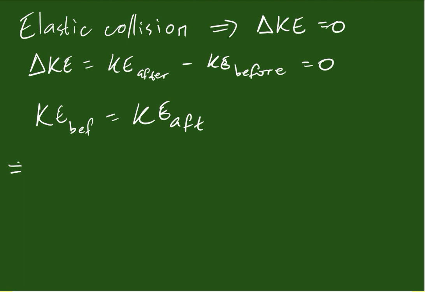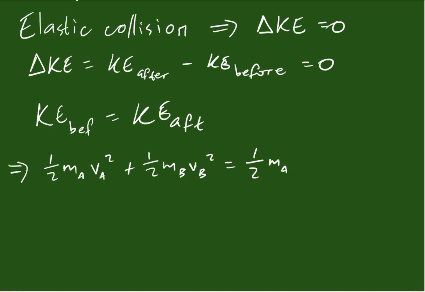So it will be of each ball. The ball that's moving, we call it A, will be a half m subscript A, velocity A squared. And then we must add the kinetic energy of the second ball. And what is this equal to? Well, it's equal to the kinetic energy of the second ball after the collision.